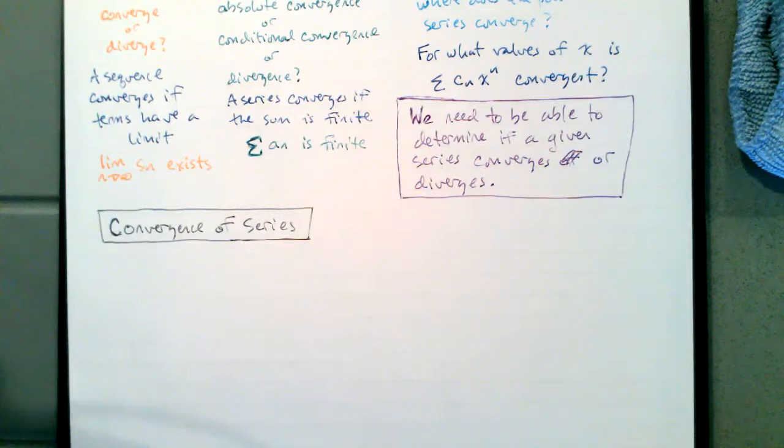You can't do the test without knowing. There's one test where it's like, oh, I don't know if it converges or diverges, let's run a test. But that's generally not how this works. You just have to know. And so the question is, how do we know?